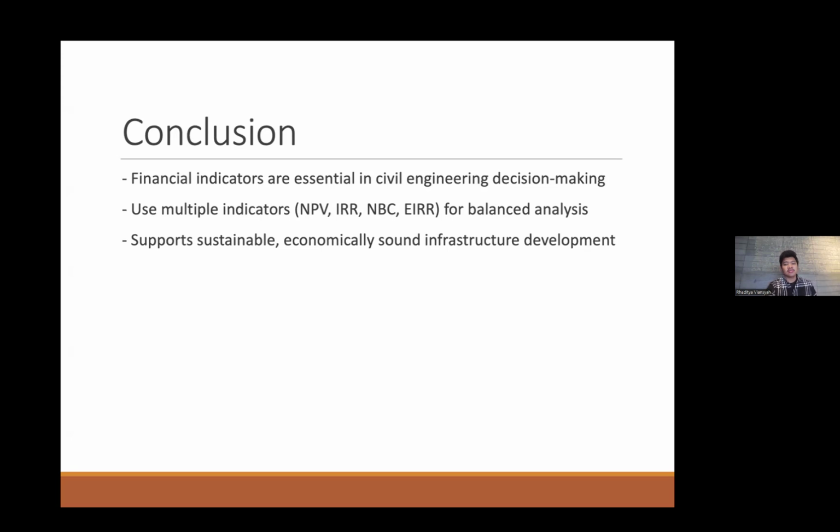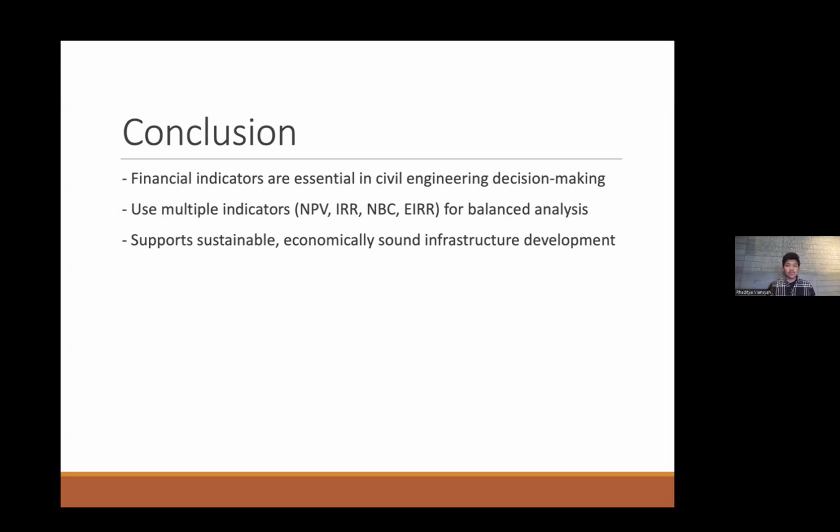Financial analysis also ensures our projects not only stand strong physically but also financially. And before that, I haven't talked about the profitability index, so a little jump to the profitability index. The profitability index is the present value of future cash flows over the initial investment.